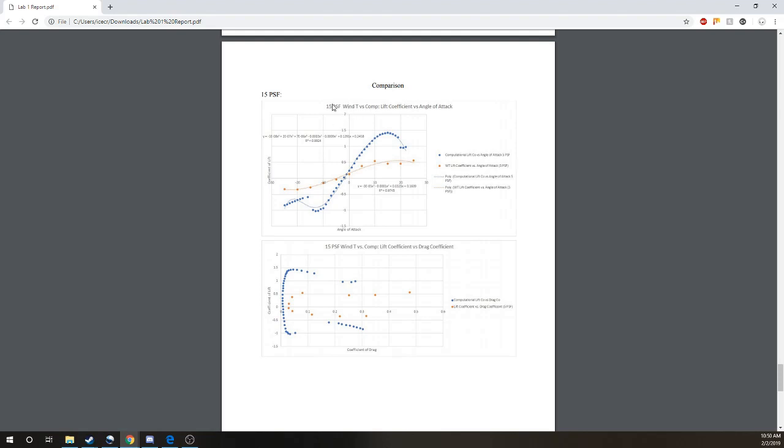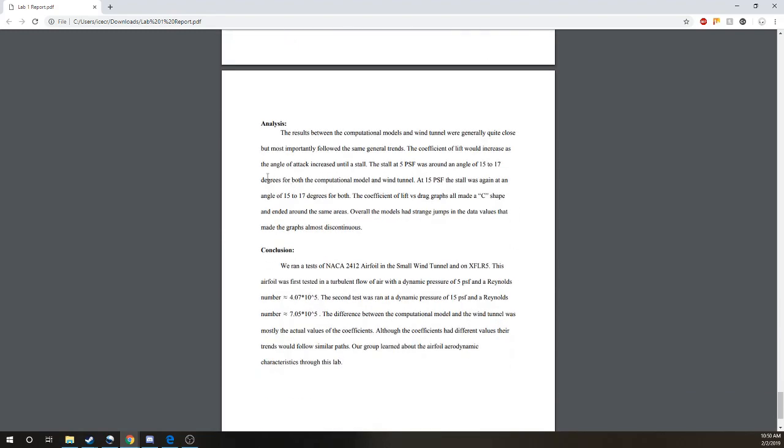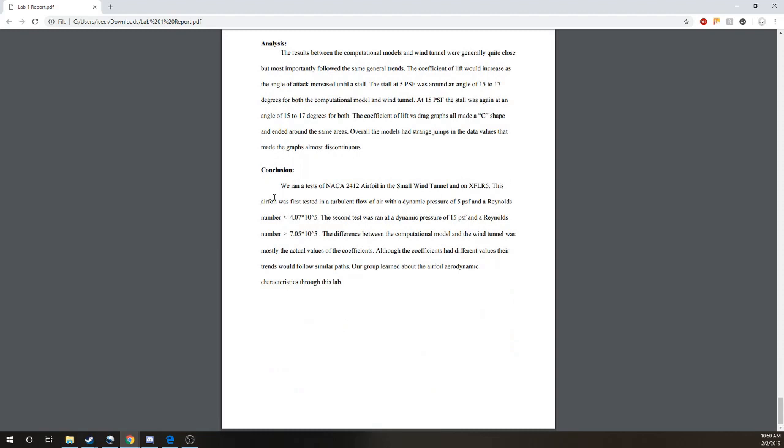So this one was at a much higher wind speed, and our data still did not match exactly. So we found out that in the end they were similar, but there was a much different amount of lift generated between the two models.